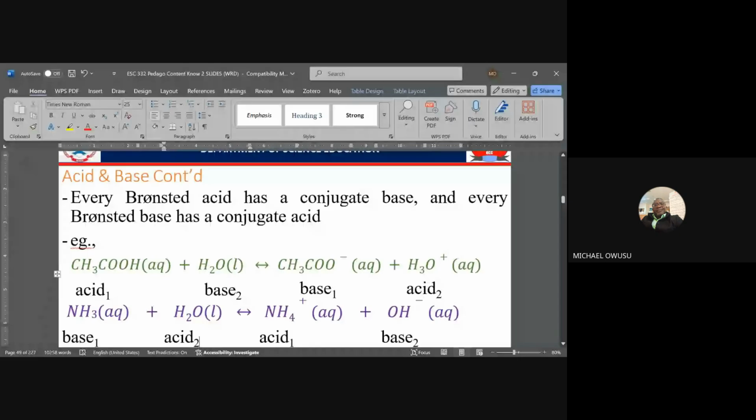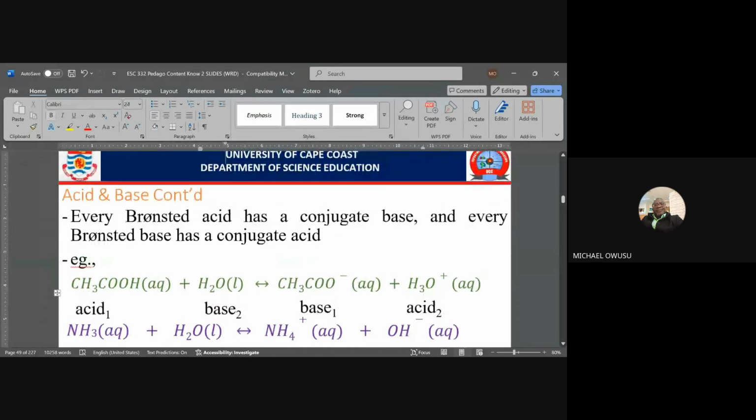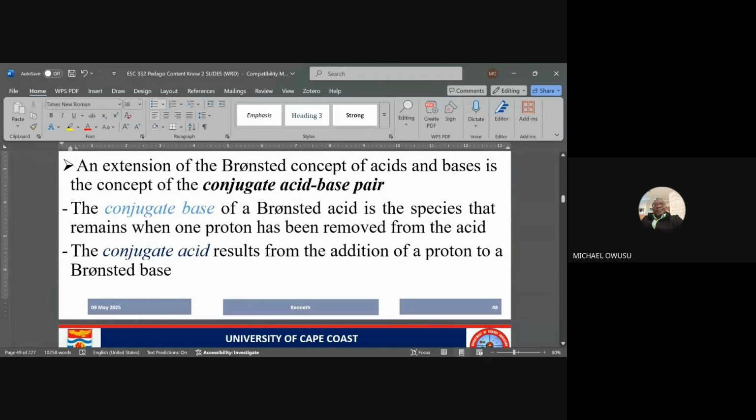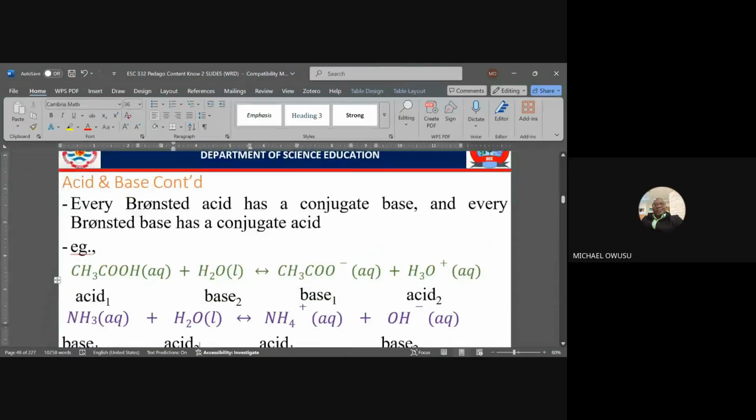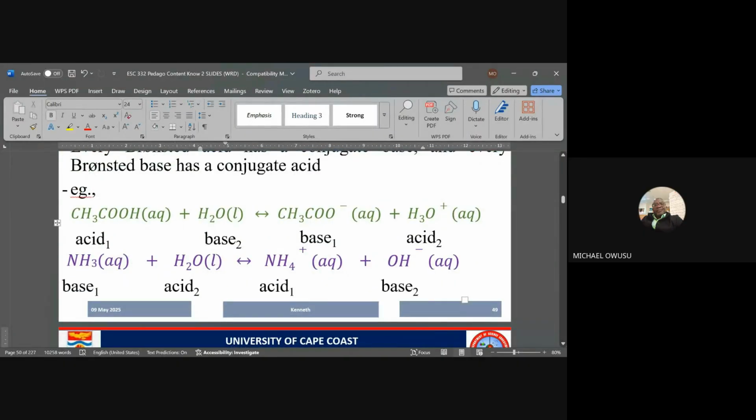So if you go back up there, it says a conjugate base of a Bronsted-Lowry acid is the species that remains when the proton has been removed. So if you look at acid 1, when the proton was removed, you had a conjugate base, which is the base 1.